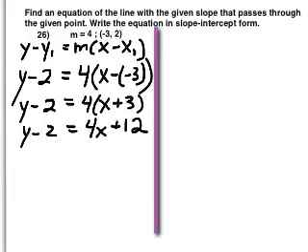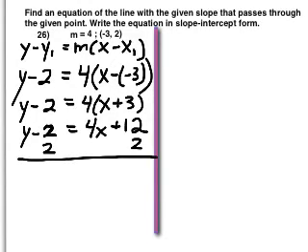Now we'll add 2, because we want it in slope-intercept form, so we have to have y equals. So we're adding 2 to both sides, and we get y equals 4x plus 14. Okay, so now we're going to use the other formula.